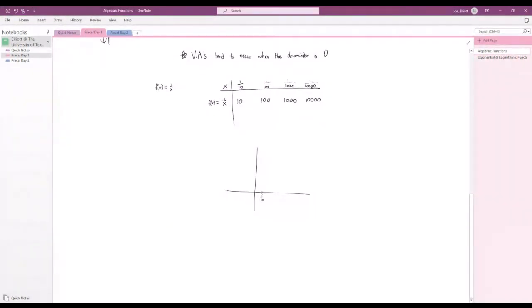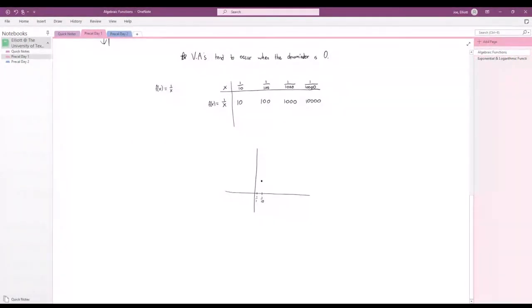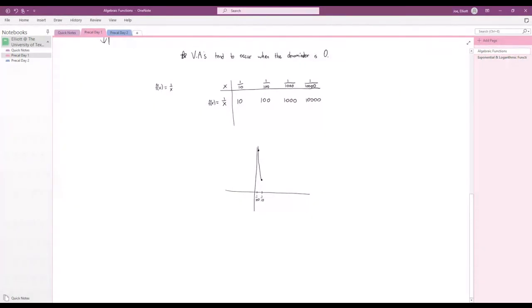Like at 1/10, it's at a value of 10. But then when you go to 100th, now it's at a value of 100. And so you can see how it works if you plug in values which are getting closer to 0. Your function tends to shoot upwards in value as x is approaching 0 from the right. Yeah, that's right. Okay.